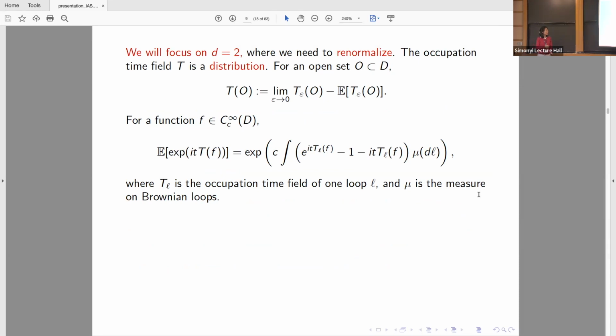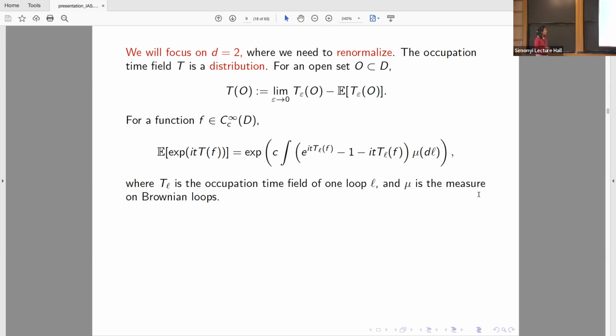I want to say in dimension 2, in order to make the local time well defined: due to the presence of infinitely many small loops, the actual local time is infinite. So in the continuum, in order to define it, we need to first throw away all the loops smaller than epsilon and look at its local time, then take away the expectation, and then let epsilon go to 0 in order to get a scaling limit. This is how we define the renormalized local time field in the continuum.